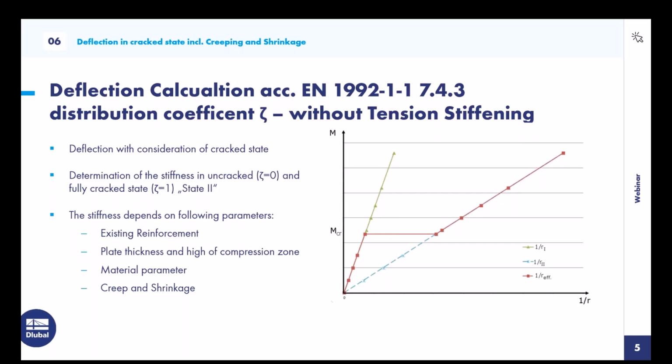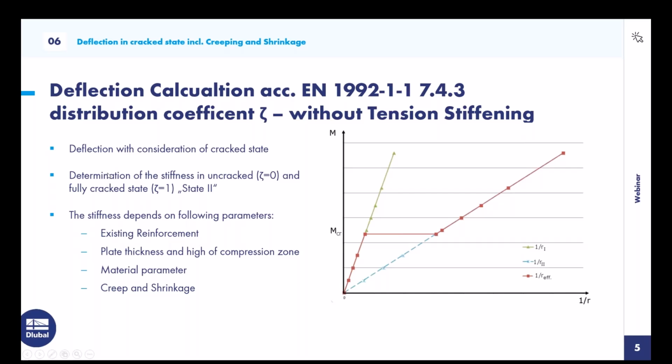calculation we use here for our concrete design. This is the deflection calculation according to Eurocode 7.4.3, or chapter 7.4.3, and this is based on a distribution coefficient theta. And here's explained how the calculation would work without tension stiffening. This would mean the deflection is based on the consideration of a cracked state.